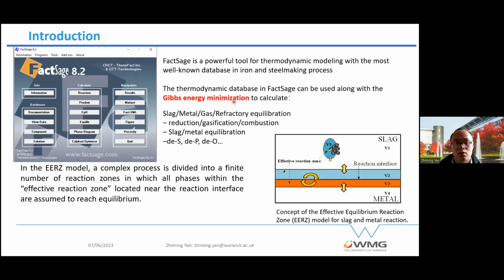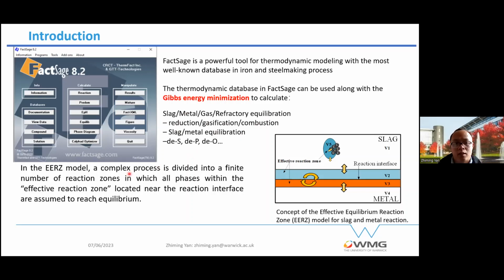They have liquid, solid, and gas phases. The reactions involved are reduction, gasification, combustion, and also slag-metal reduction. And also we should consider desulfurization, dephosphorization, and deoxidation. So it's a very complicated process.